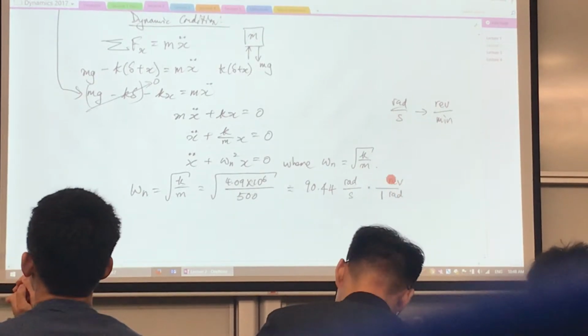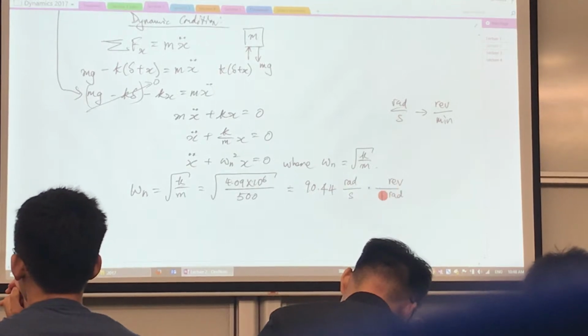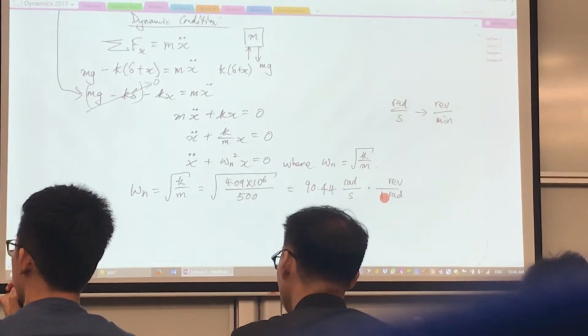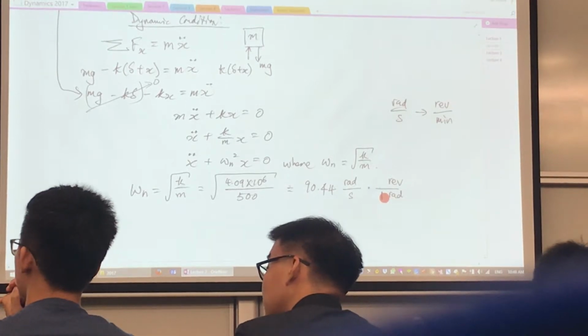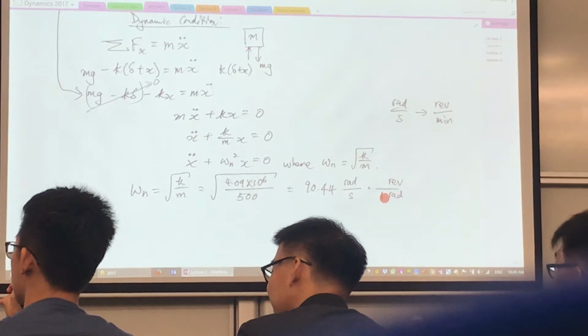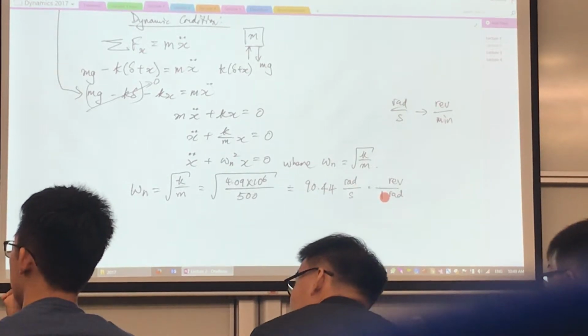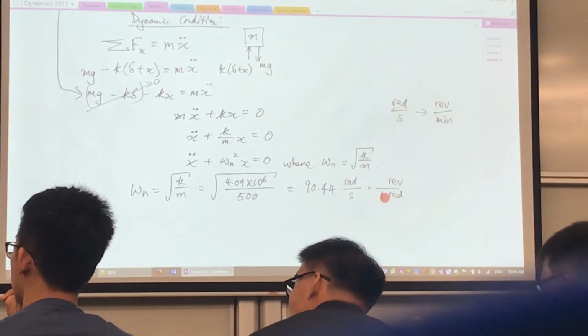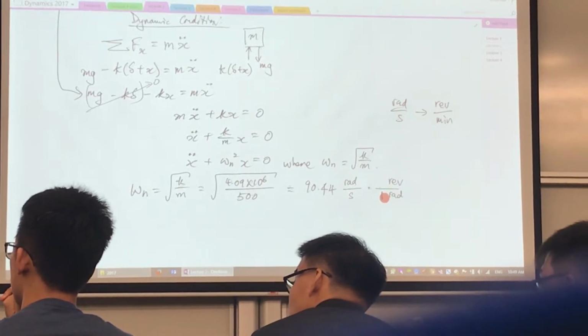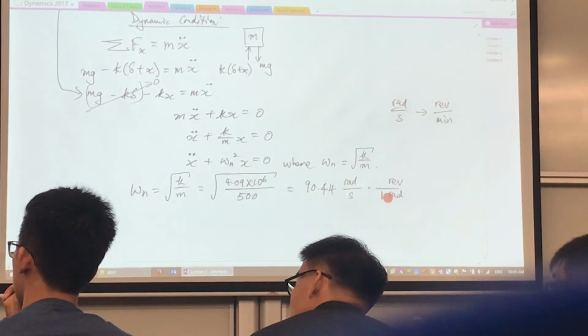So how many revolutions is 1 radian? Knowing that 2 pi radians is 1 revolution, right? 2 pi radians is 1 revolution. So 1 radian will be equal to 1 over 2 pi.